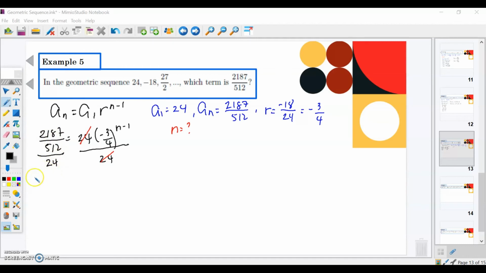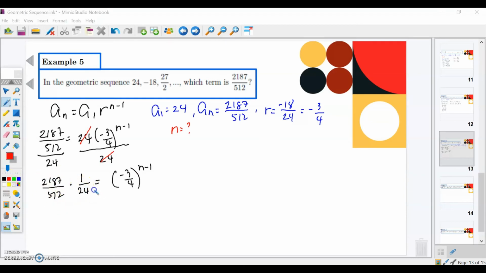Again, to simplify this one, we're going to have 2,187 over 512 multiplied by the reciprocal of 24, which is 1 over 24. This is equal to the quantity negative 3/4 raised to n minus 1.